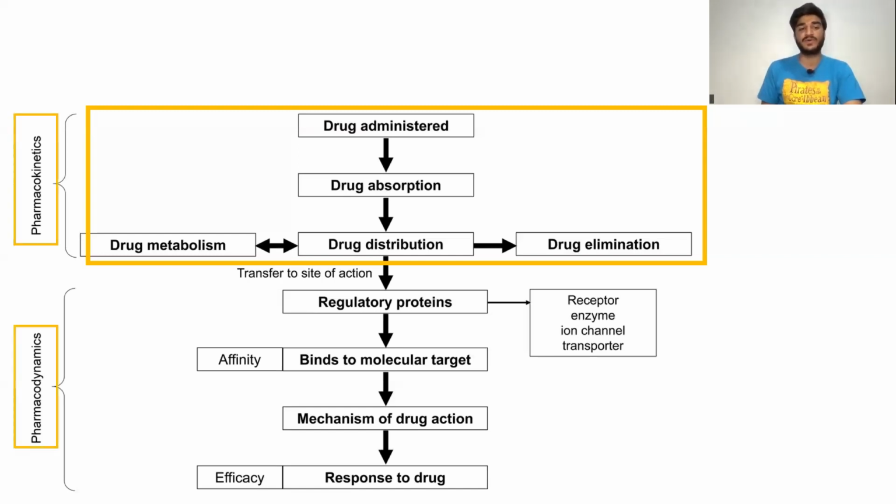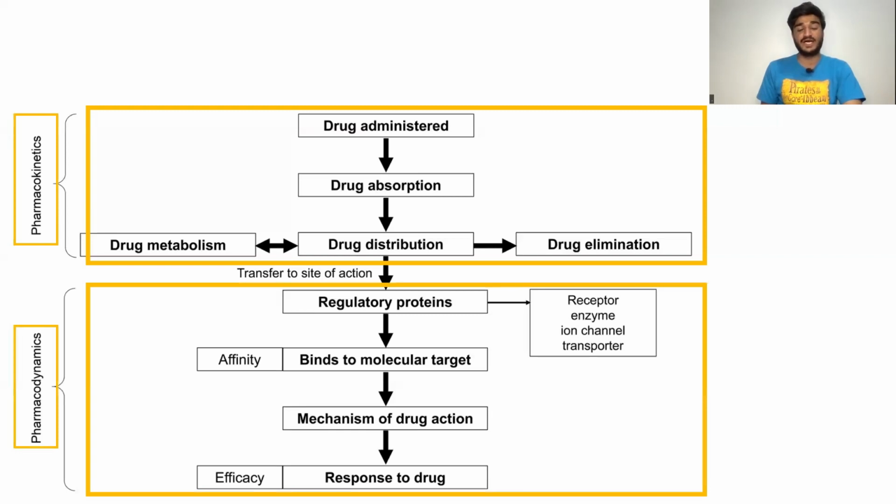And in pharmacodynamics, we study how the drug is affecting our body, meaning we study the actions of drugs in our own body. Look at this box. We see that when the drug is distributed equally in our body, it affects the regulatory proteins. What are the regulatory proteins?